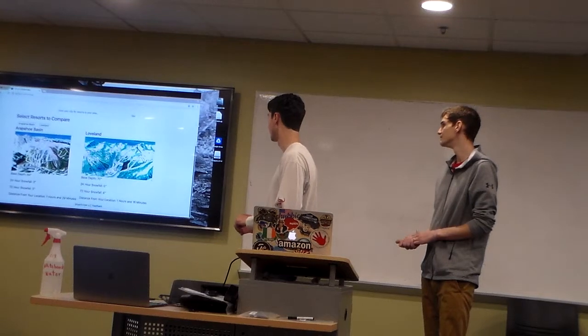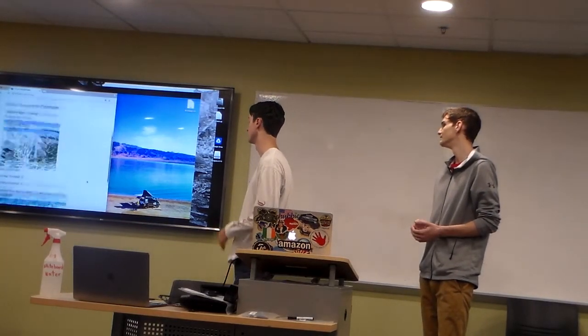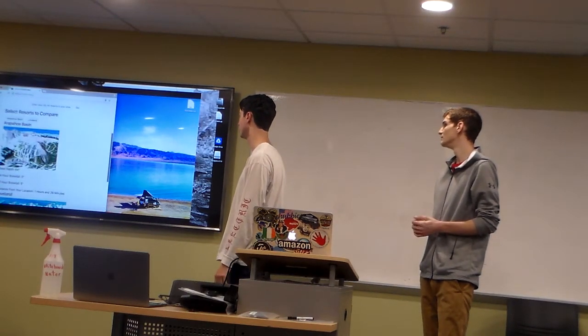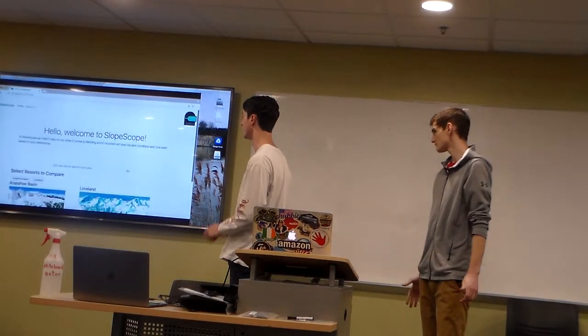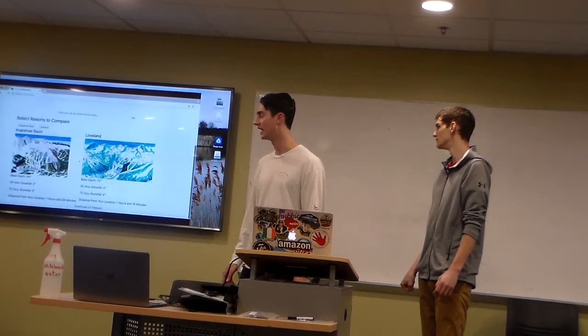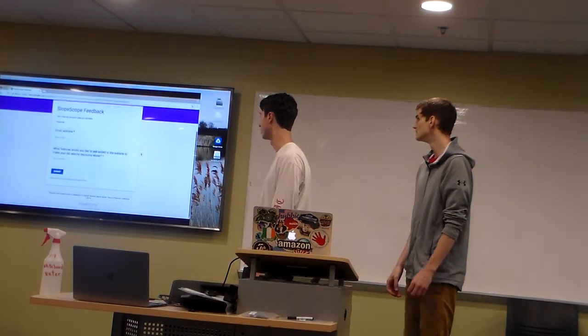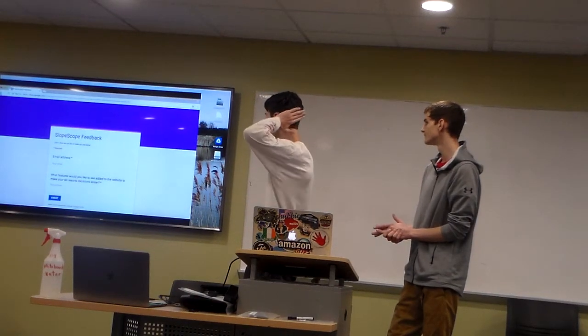And we've got the trail map, which will change based on what's open. Right now we just have it hard coded, but that's our next feature we're trying to implement. And then we also have data about the resort, which is currently being scraped from their website. Then we've got the Google form for feedback on the website.